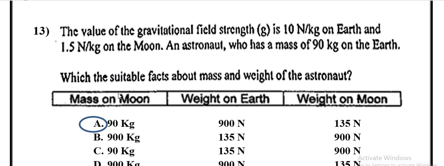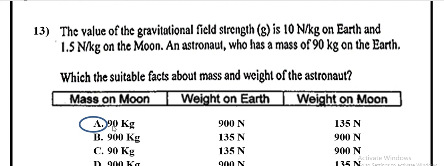Question number 13. The value of the gravitational field strength G is 10 on Earth and 1.5 on the Moon, so the gravitational force on the Moon will decrease. An astronaut has a mass of 90 kilogram on Earth. What will happen to mass and weight on Earth and on the Moon?